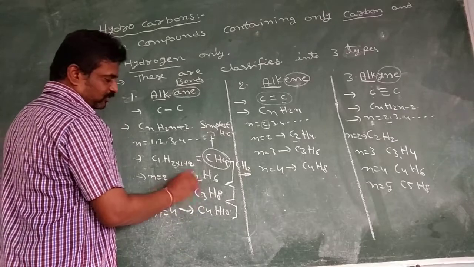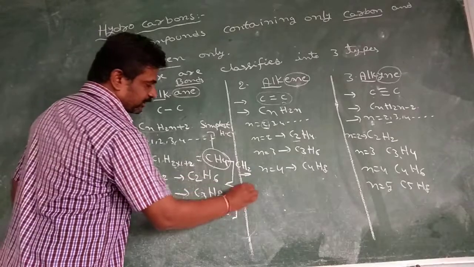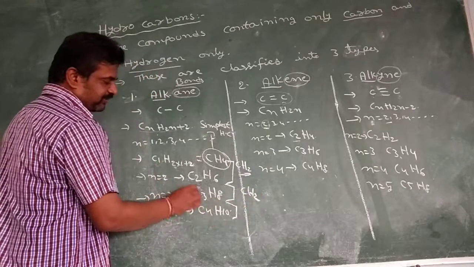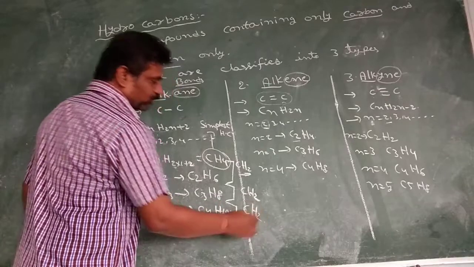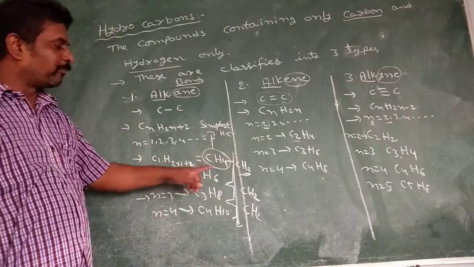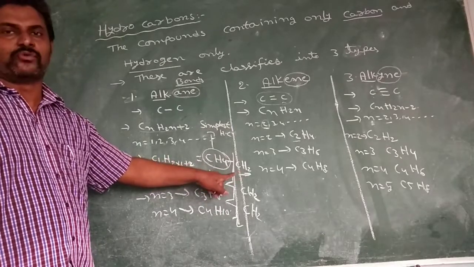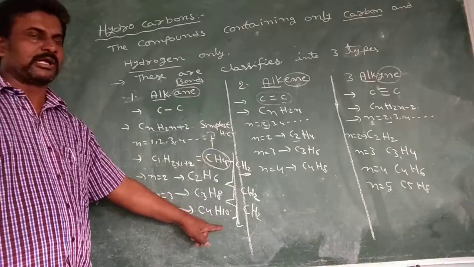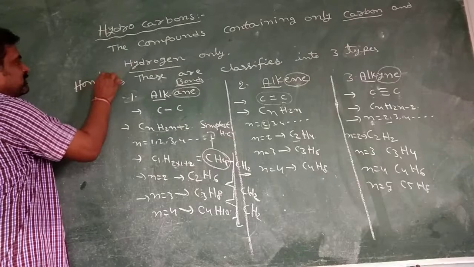Here also C2, C3, H6, H8: difference CH2. C3, C4, H8, H10: difference CH2. So in a series, compounds differing by a CH2 group, atomic weight 14, that series is called the homologous series.